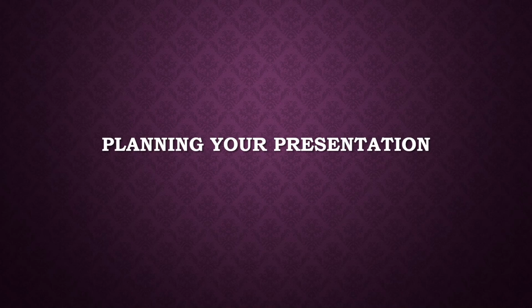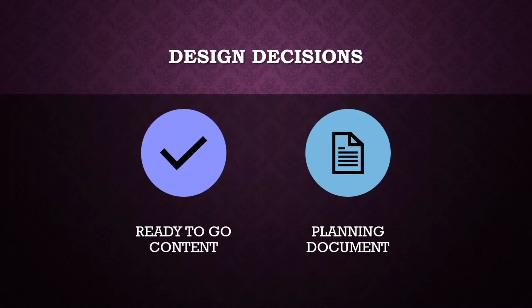So now that you know what type of presentation you're going to be using, you need to look at planning the actual presentation. And this is planning in the aspect of the entire thing. So you have some basic design decisions that you need to make sure you have before you even touch PowerPoint.